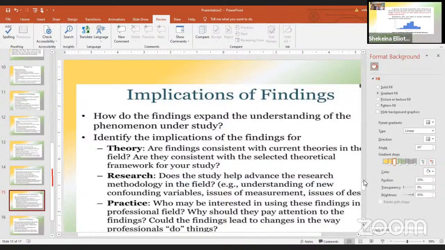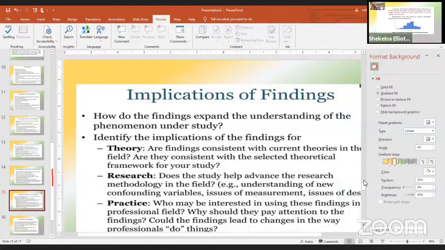So let's move on. The question is, how do the findings expand understanding of the phenomenon under study? That is what you are doing. Whatever the phenomenon, whatever you are studying, how do the findings expand the understanding? What you need to do now is identify the implications of the findings based on your theory. What about the theories or models that you would have used?